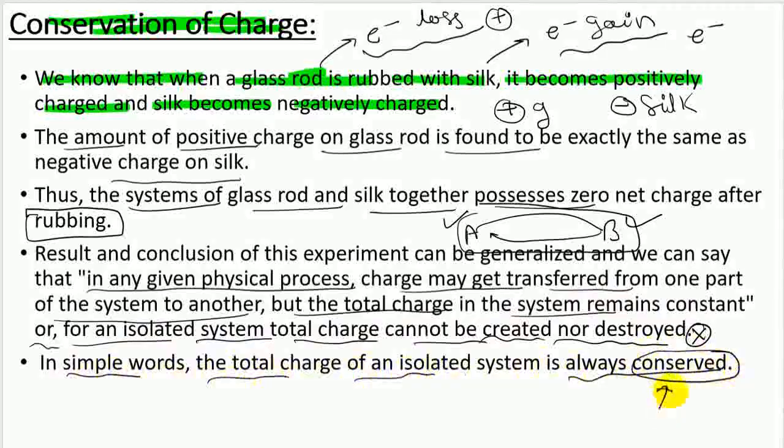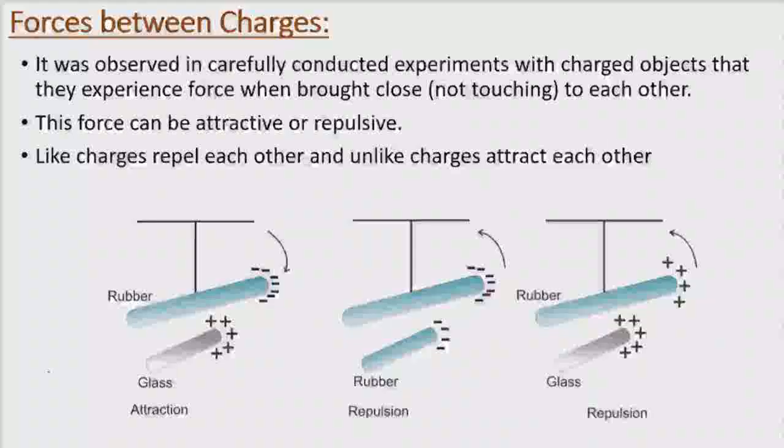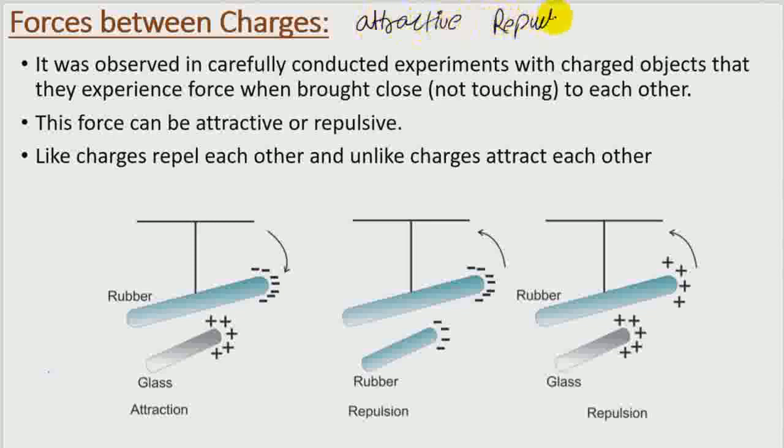Next, which type of force is formed between two charges? Force between two charges is the electrostatic force. It can be classified into two categories: electrostatic attractive force and electrostatic repulsive force.